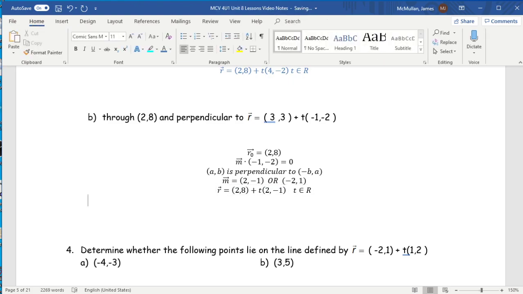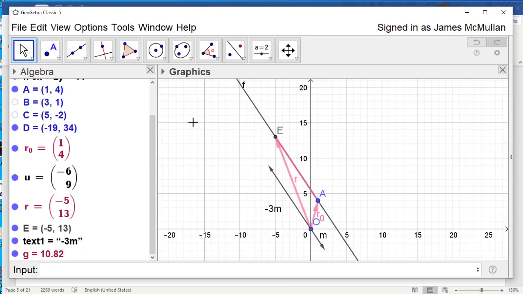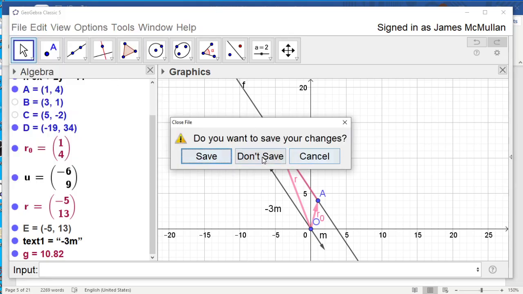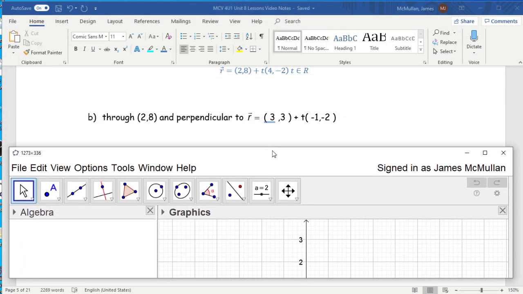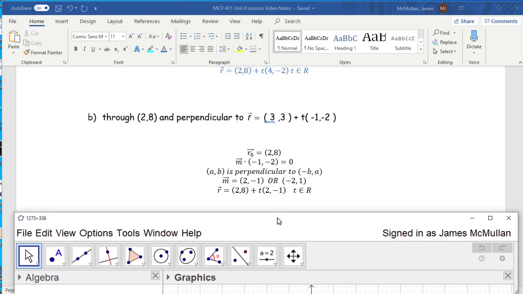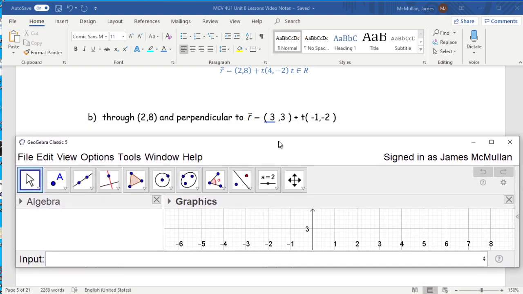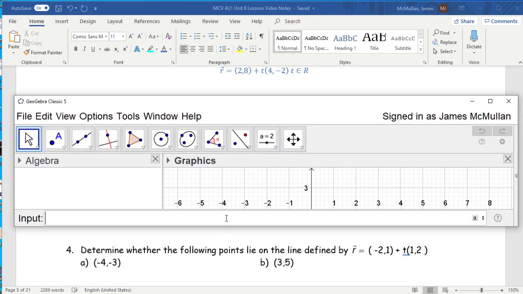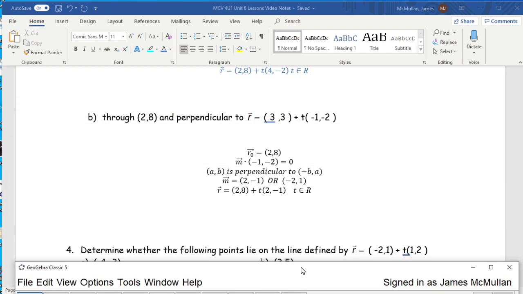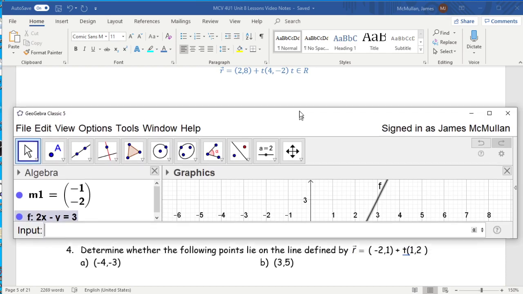Now again, let me demonstrate this one quickly. It's supposed to pass through 2, 8 and be perpendicular to this other one. So 3, 3 plus -1, -2. So I'm going to say m1 is -1, -2. And then I'm going to go line that passes through 3, 3 that has that direction vector. Now the line we are drawing has a direction vector of 2, -1.